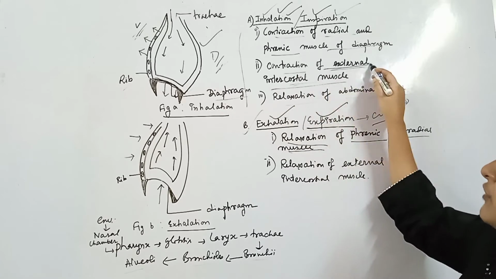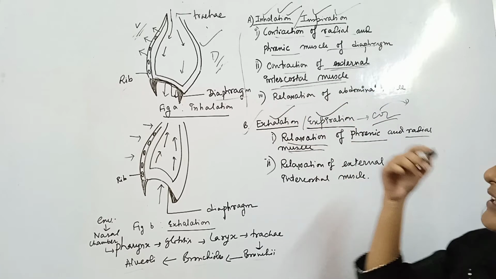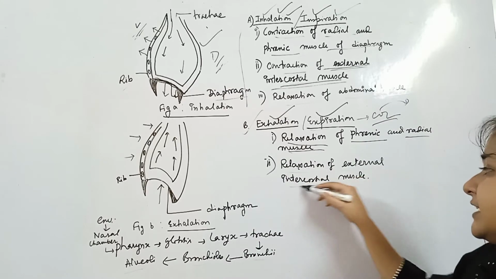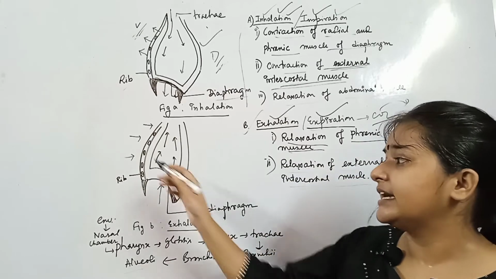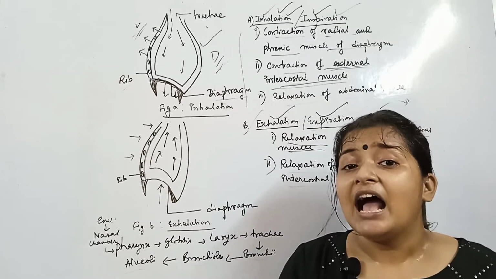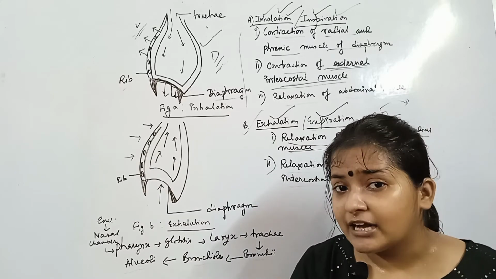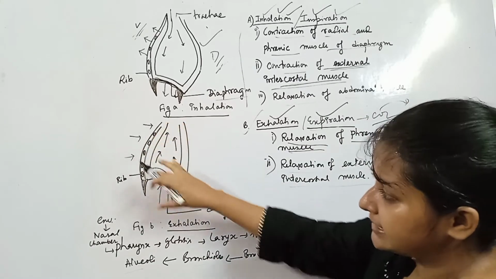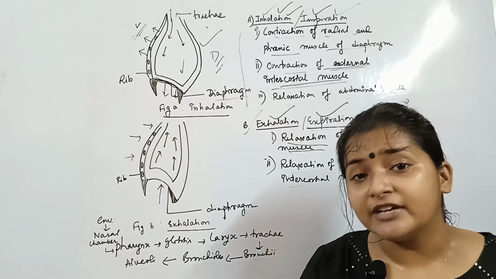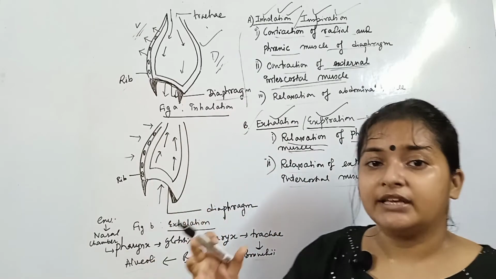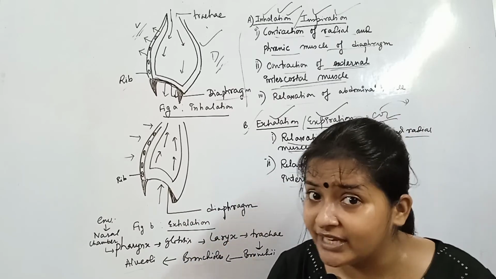Contraction of the external intercostal muscle occurred during inhalation. Here what happened? Relaxation of the external intercostal muscle. As the external intercostal muscle relaxes, the ribs and the sternum get back. Okay, that is why this thoracic cavity becomes dorsoventrally flattened, and the volume of the thoracic cavity decreases.